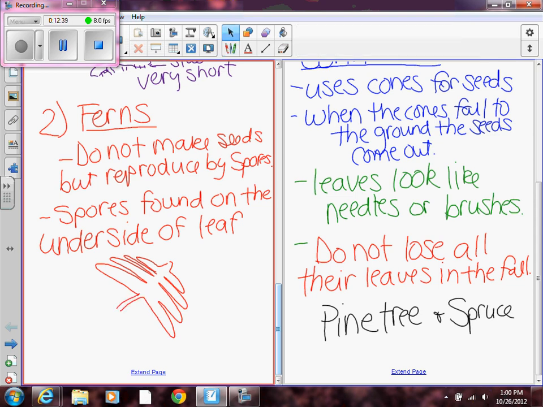That's horrible. But the spores, guys, are here. This is the bottom of the leaf, and they are all lined up along here, kind of like this.